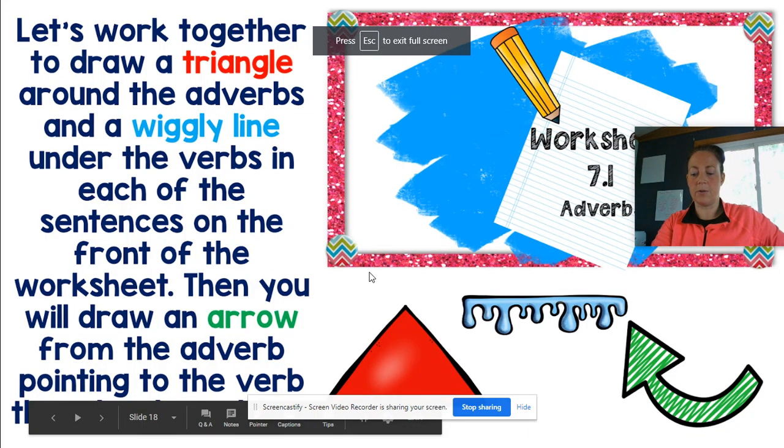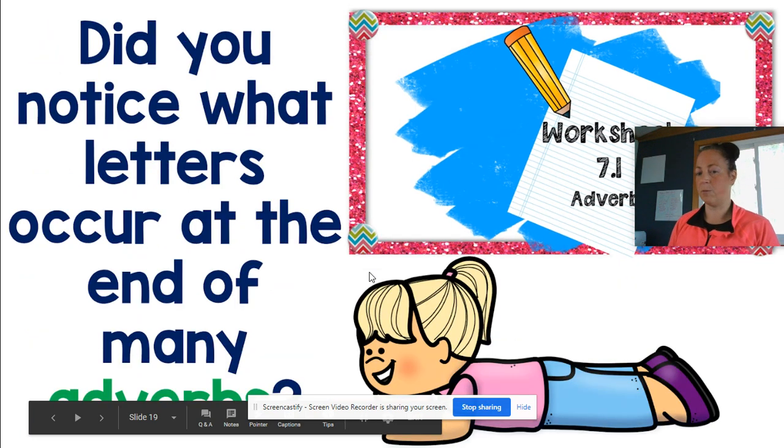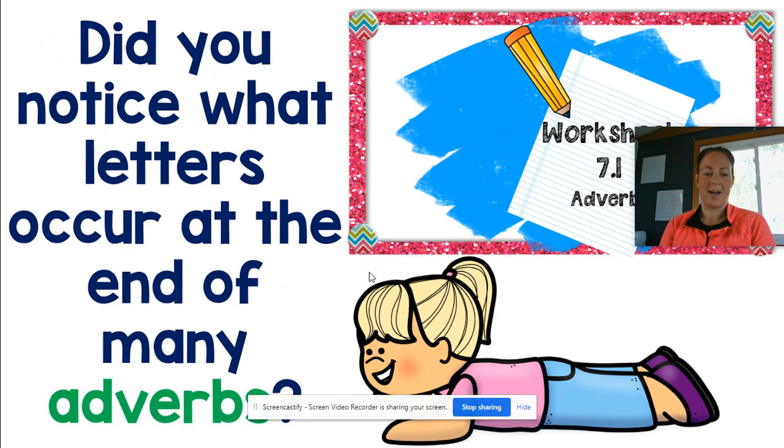All right. So now that you're back and you're done with 7.1, you may have noticed something about a lot of the adverbs that you put a triangle around. What letters did most of those adverbs end with? Think in your head real quick.